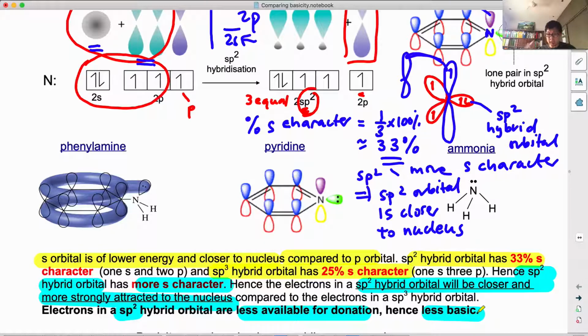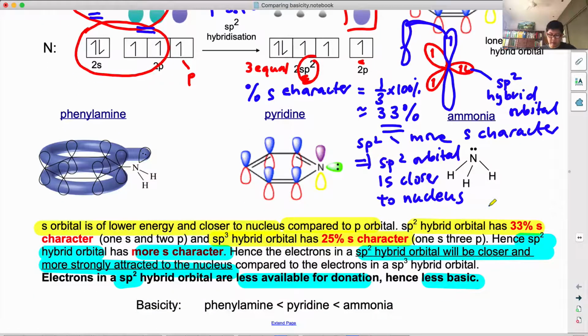Now let's look at the whole thing in comparison with everything here. I'm going to draw it out over here. The way you look at it, for phenylamine, the lone pair here can delocalize.